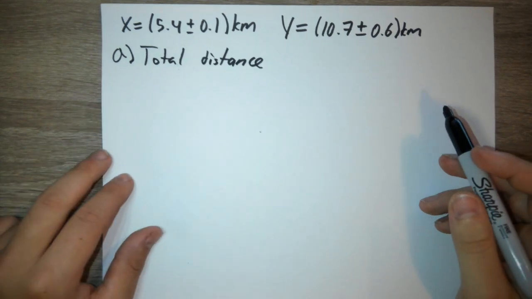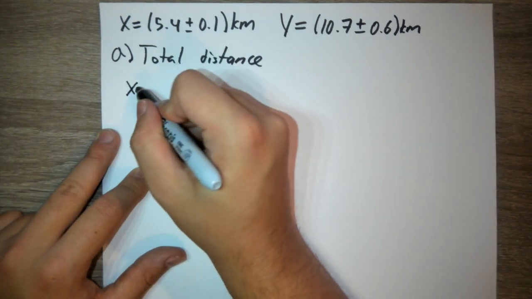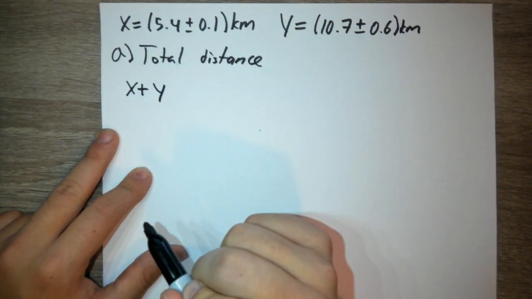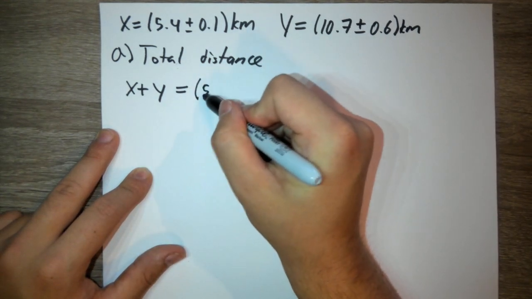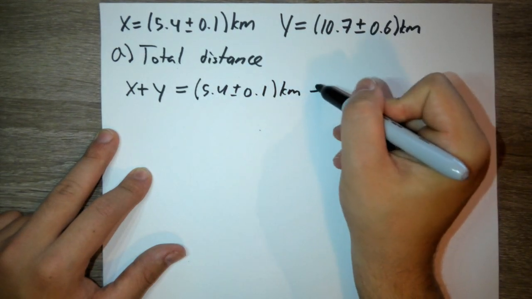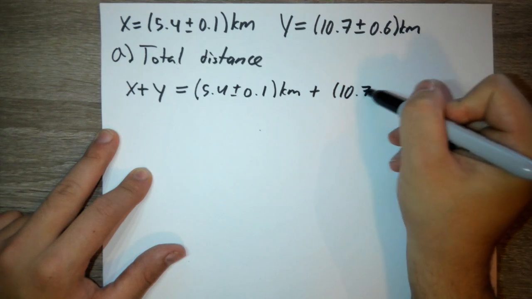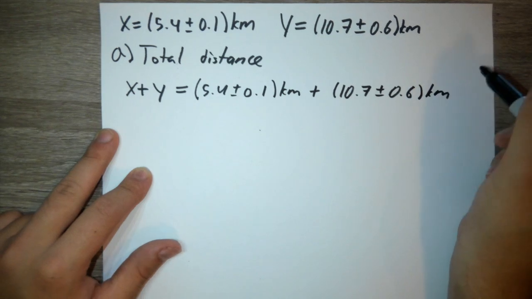If we want to calculate the total distance, that means we want to do addition. So we're going x plus y is what we want to find. So we're taking 5.4 plus or minus 0.1 kilometers plus 10.7 plus or minus 0.6 kilometers.